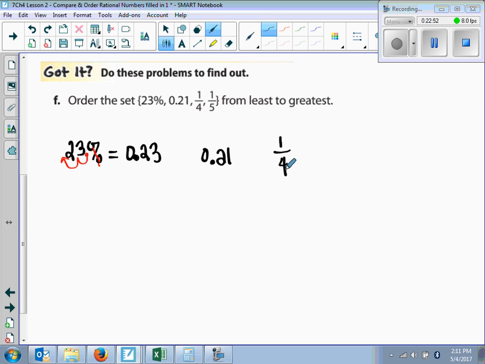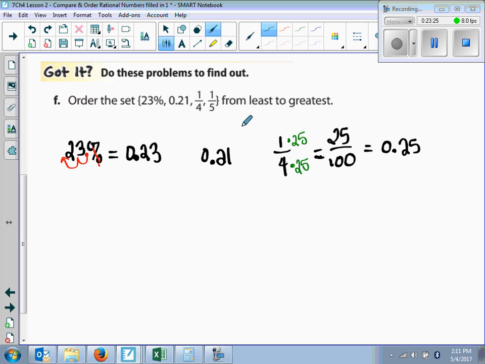So can't I change this 4 to have a denominator of 100? Yeah. By multiplying by 25. Very good. We can multiply by 25 here and here, and that's going to give me 25 over 100, which as a decimal is 0.25.